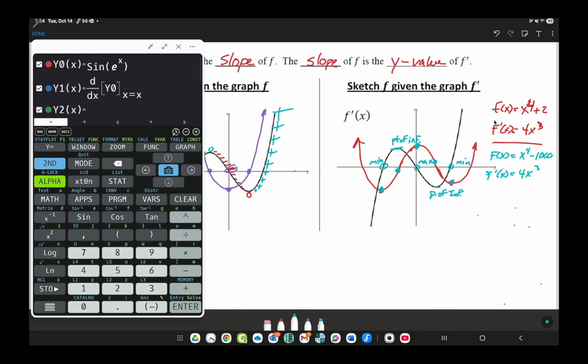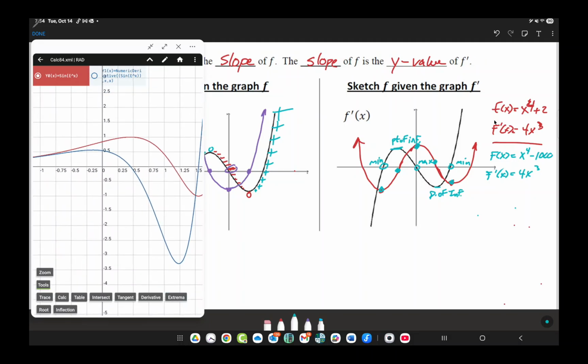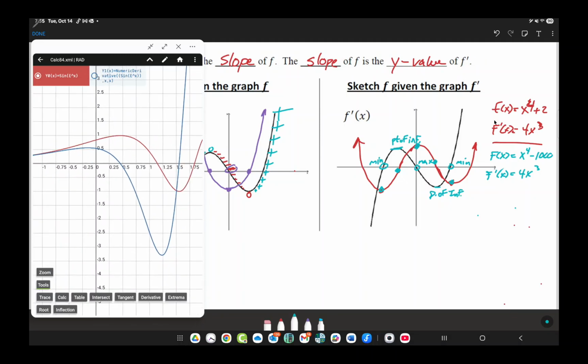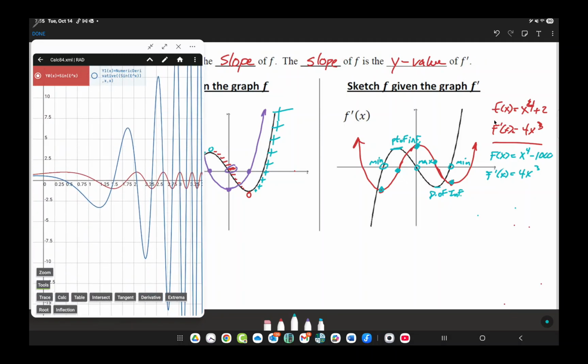My red function is my original. My blue is my new function. Again, yours may be different colors. So if we graph, here we have the red, the original function, and the blue is the derivative, which gets pretty crazy there.